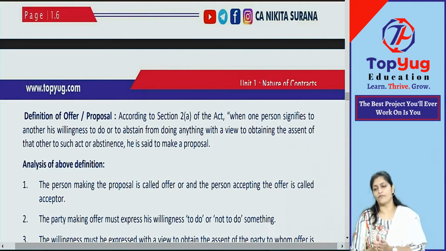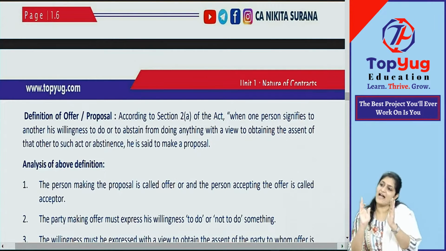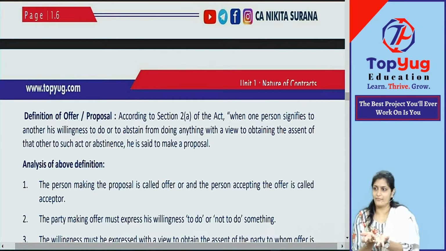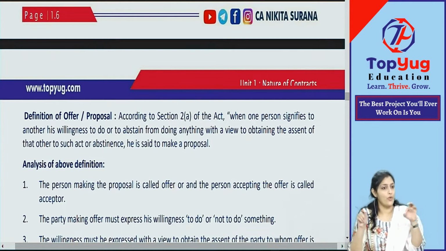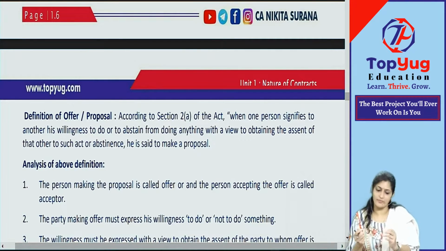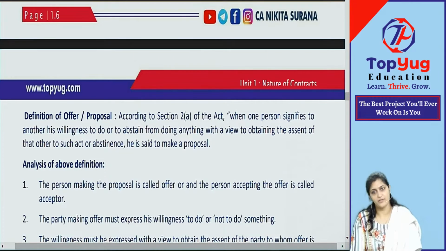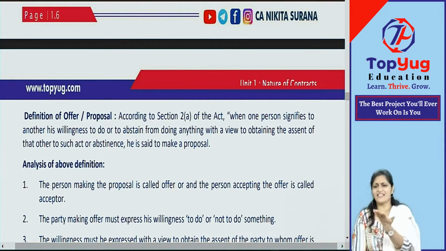Now, based on performance, what is an executed contract? Both the parties have performed their promises in the contract. Whatever promise they had to perform is already performed. That is an executed contract. What is an executory contract? Pending. Performance is pending from one side, or from both sides also.